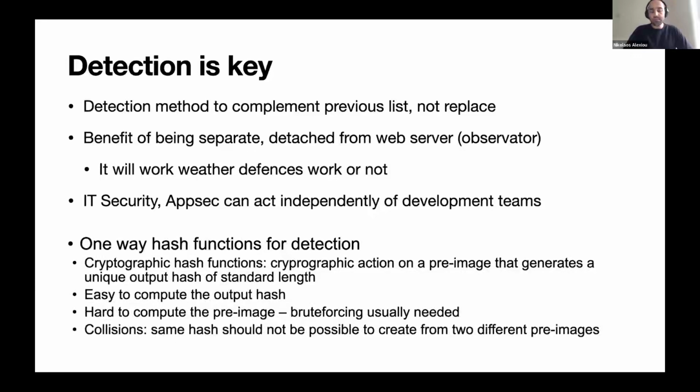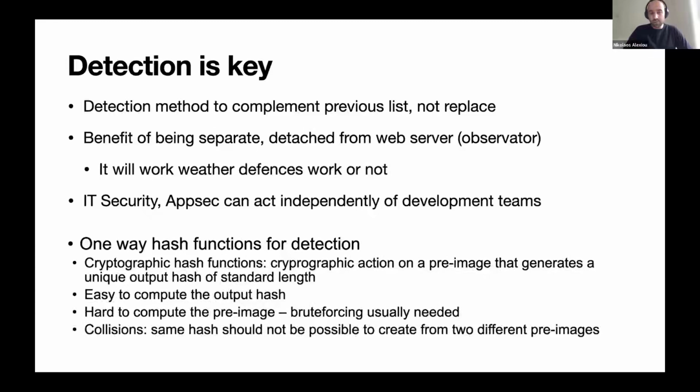So talking about myself as well, as an application security or an IT security specialist, I would really love to have a way to keep an eye on what is happening on the production of my company without relying on others. So I would like to have a way to do detection with my own tools and my own means.